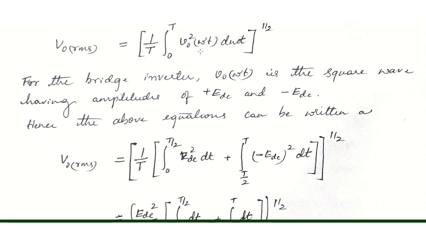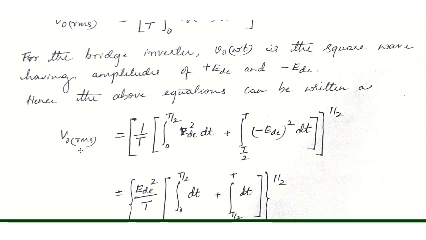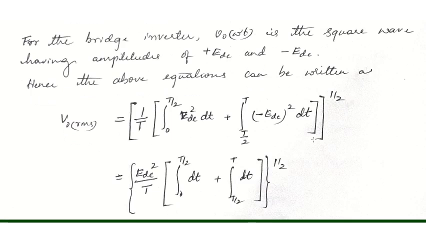So in the above equation, for the output voltage for the complete one time period 0 to T, splitting the output, we can rewrite it as V naught RMS is equal to 1 by T, under the square root, splitting the output between 0 to T by 2 and T by 2 to T. So 0 to T by 2, it is EDC square, plus T by 2 to T, it is minus EDC square, right?